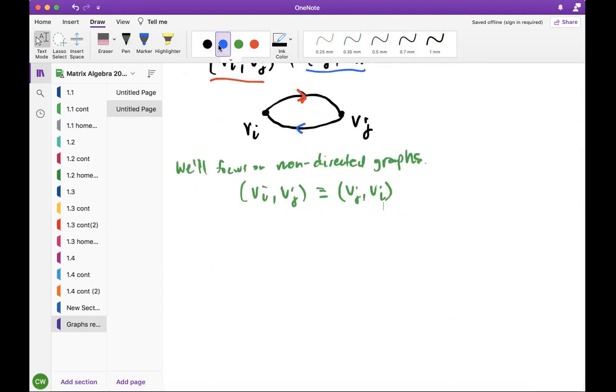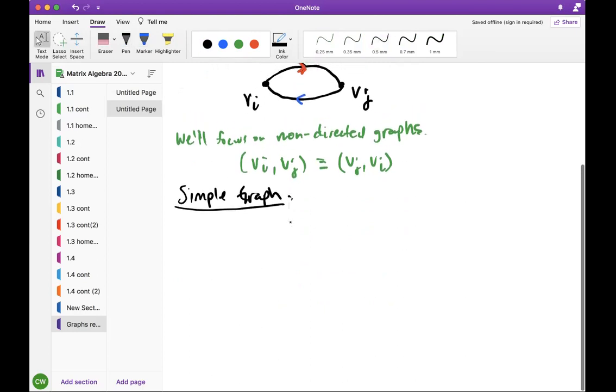Another distinction we want to make is something called a simple graph. This is also about how you define edges. In a simple graph, you want to have no loops.